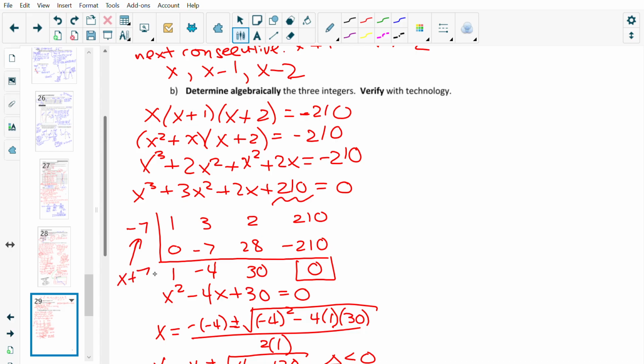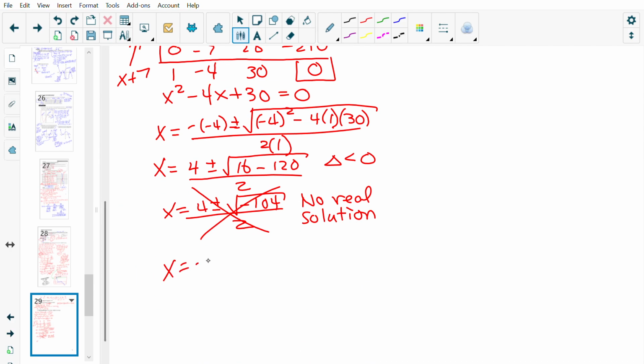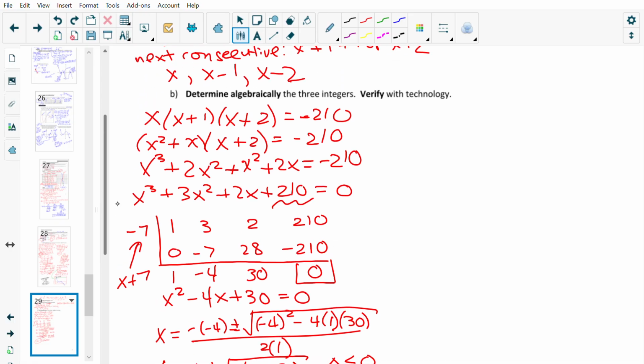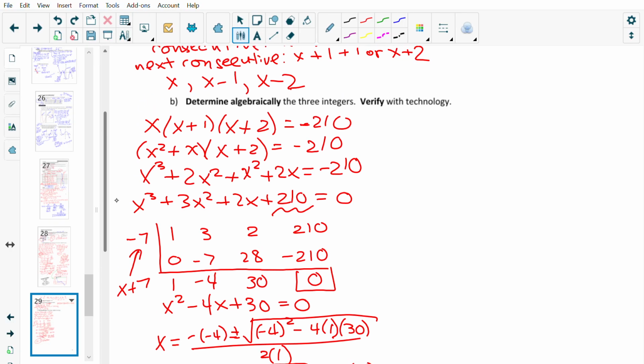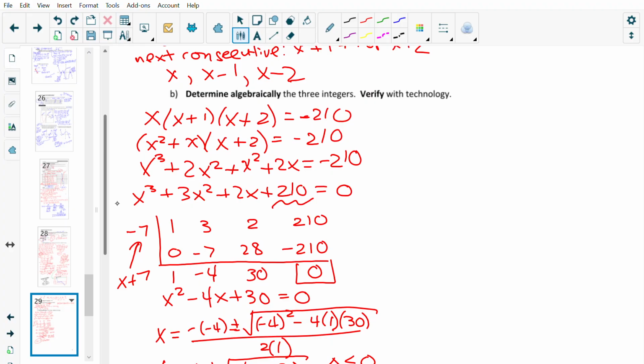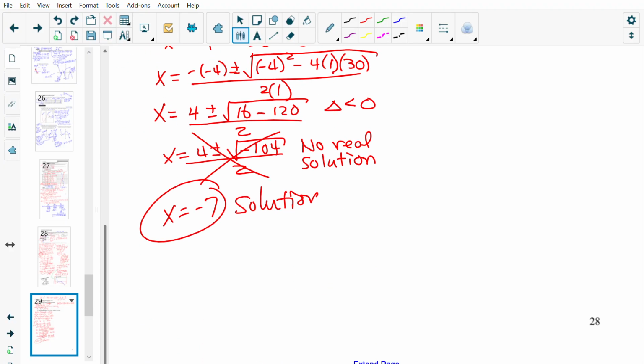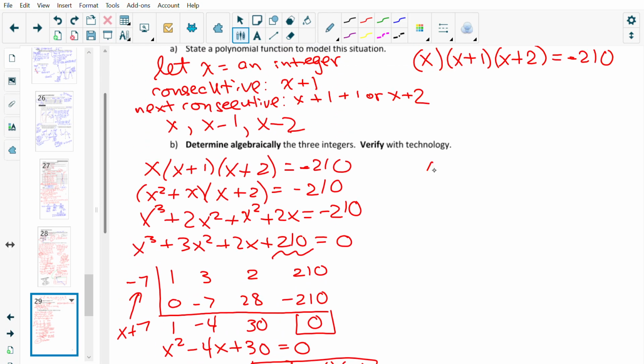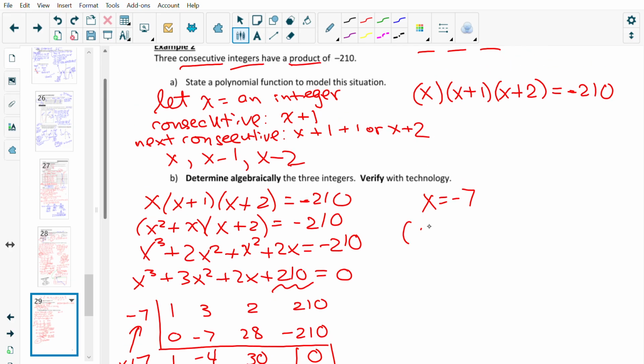Okay, and then go all the way back. This is x plus 7. So x equals negative 7 is your solution. Okay, let's check our answer. x equals negative 7. Let's check.